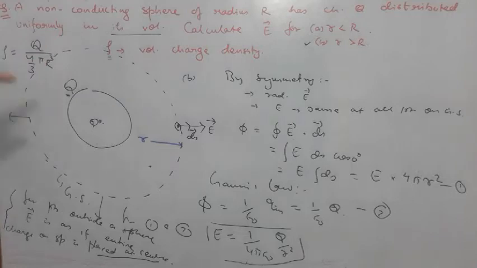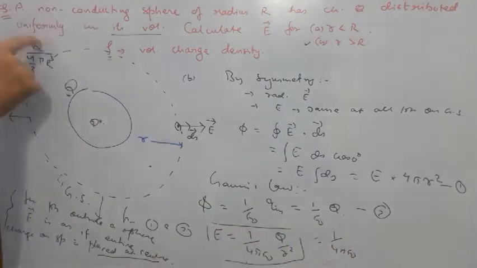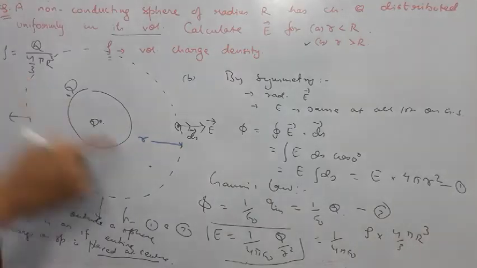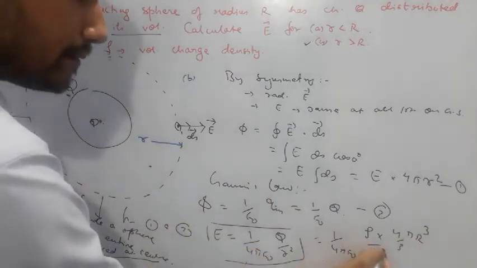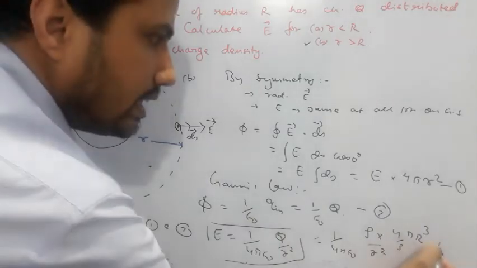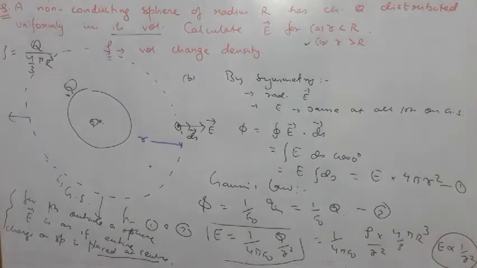If you are asked to express the answer in terms of rho, then you will manipulate a bit and you will write here 1 by 4 pi epsilon naught. Q you can write as rho multiplied by 4 by 3 pi capital R cube, and then divided by R square. So these things are constant. What's important to note here is that the electric field is proportional to 1 by R square for points outside the shell or for points outside the sphere.